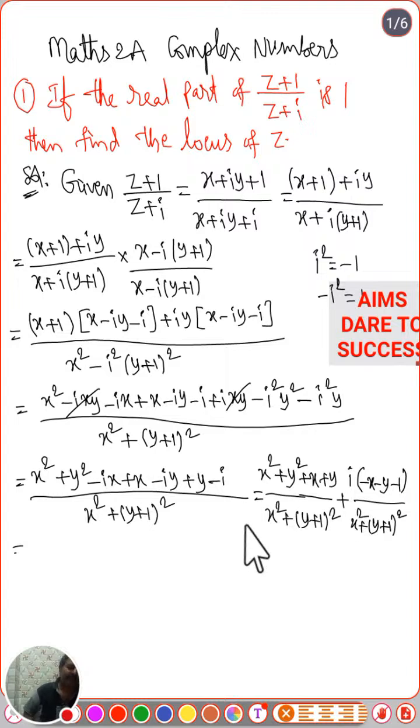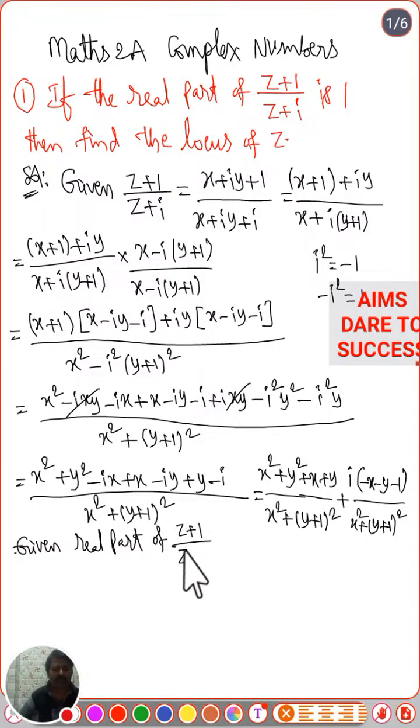Why I am writing like this: here the real part of this is 1, so given real part of (z plus 1) divided by (z plus i) is 1. What is the real part, my dears? Without i value, that is the real part.